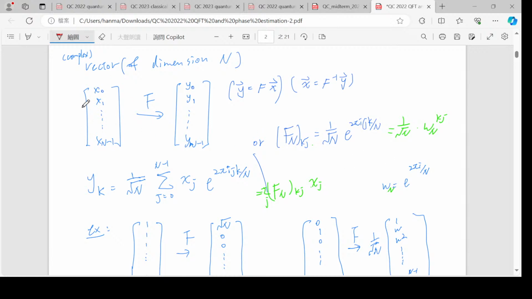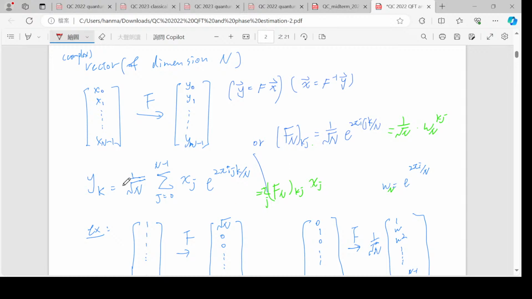You want to transform an n-dimensional vector to its Fourier transform, another vector, then you just multiply by this matrix, which is 1 over n times e to the 2 pi i jk divided by n, the nth root of unity, as the kj element. A nice expression for the kth component of your output vector is 1 over n times the summation over j of x_j e to the 2 pi i jk over n.